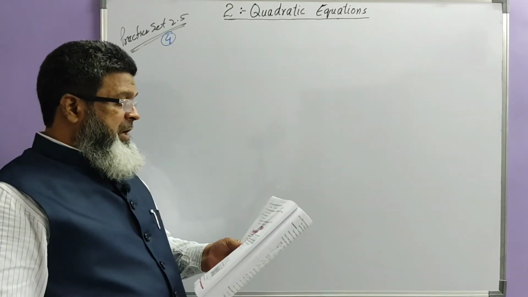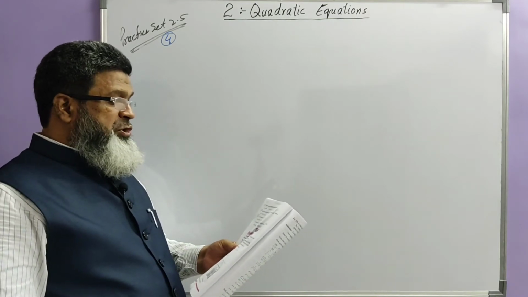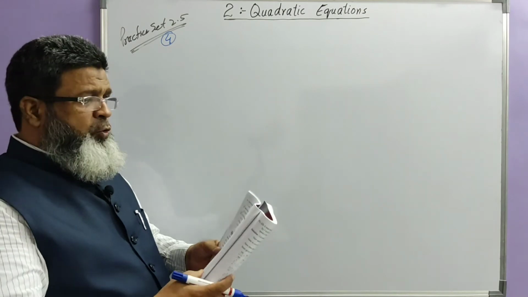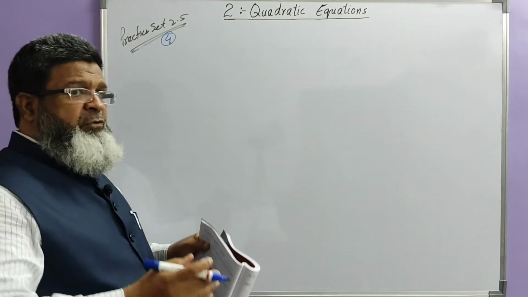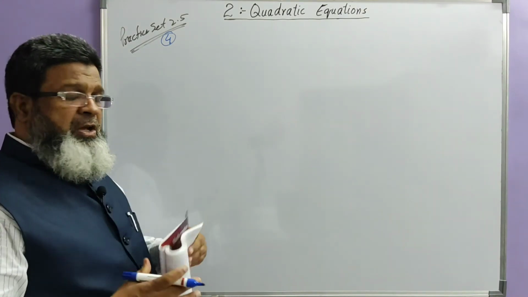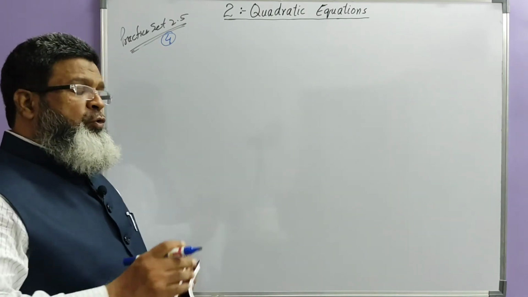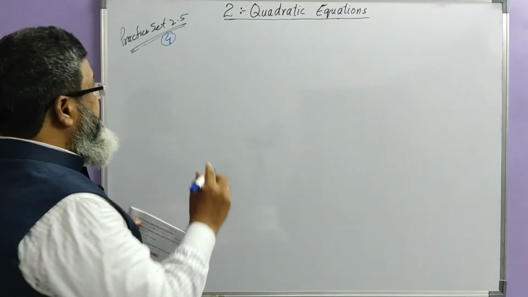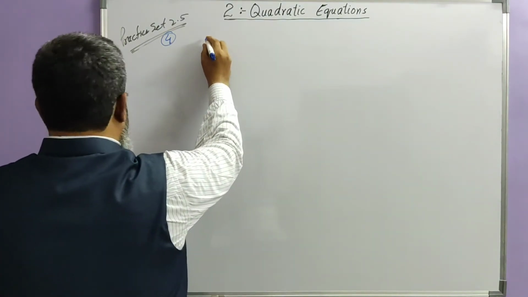Now see question number 4. Question 4 is, form the quadratic equation from the roots given below. Roots are given and we have to form the quadratic equation. For this, we have to just remember one key point, or you can say formula, to form the quadratic equation.